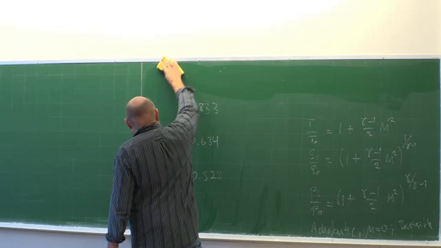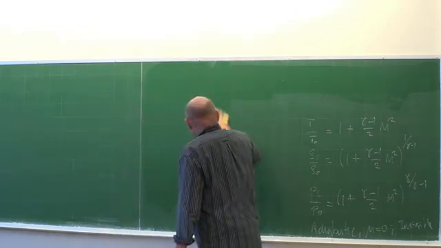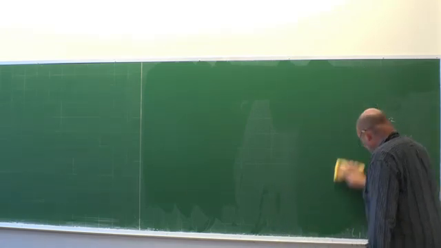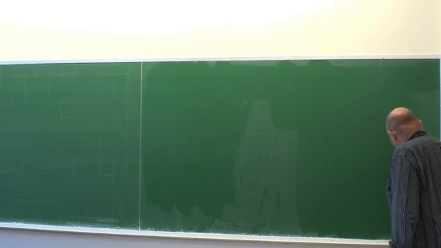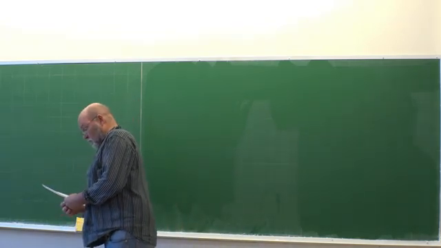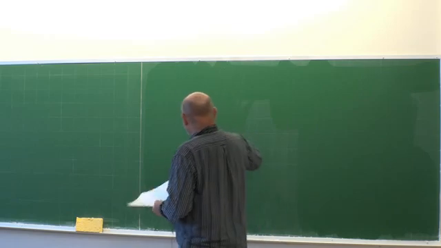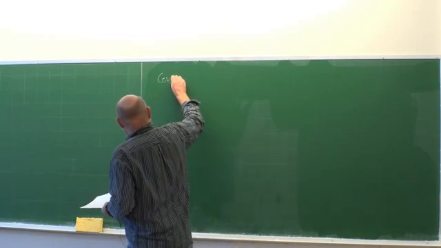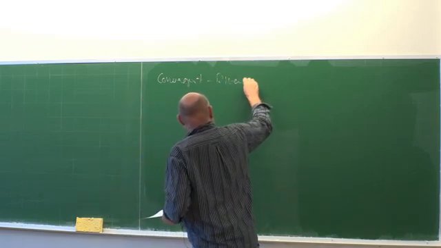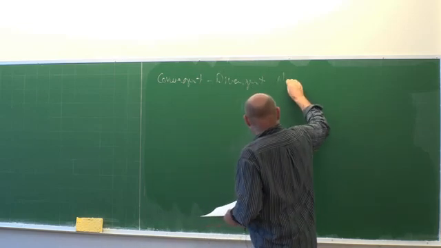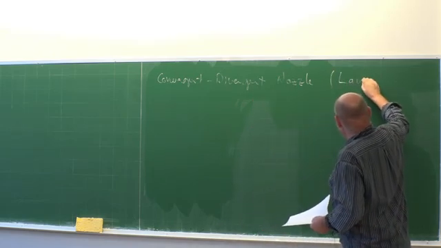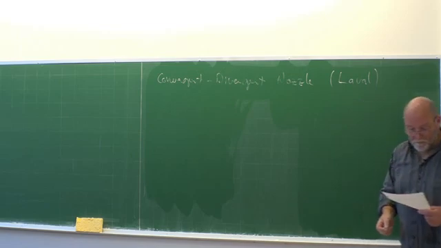Okay. Let's go back then to our geometry and then have some scenarios there. So we have a convergent divergent nozzle, also called a Laval nozzle if you like.